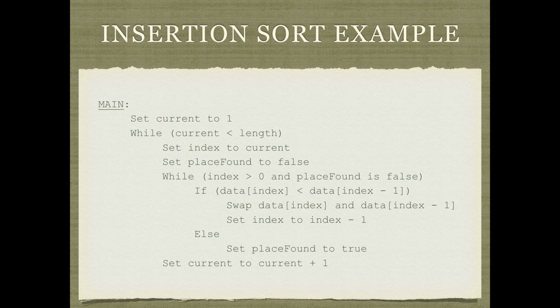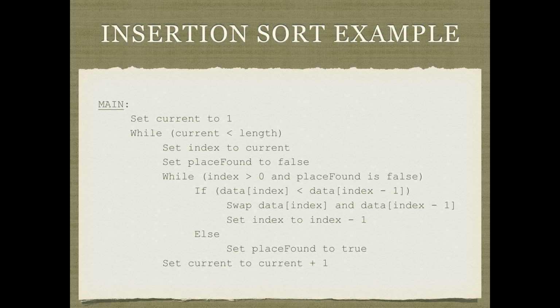If you start with the current index as 1, because again, we don't have to worry about the first item. 0 is sorted already. Then as long as current is less than length, look at the next index. So if current is 1, then look at index number 1.